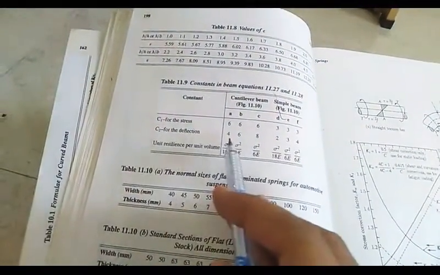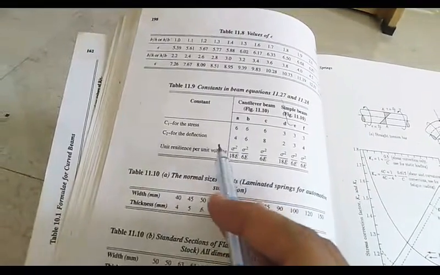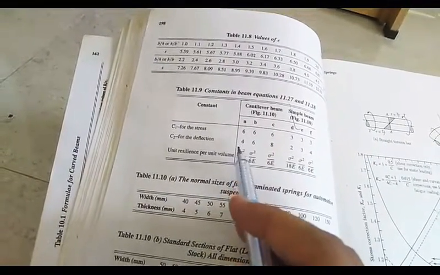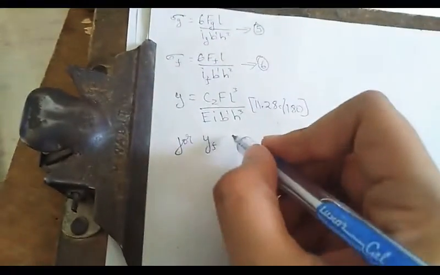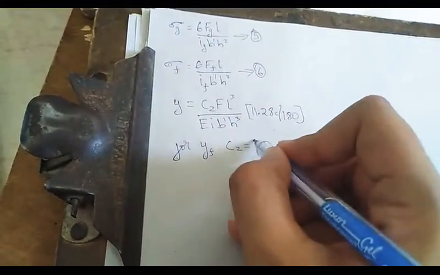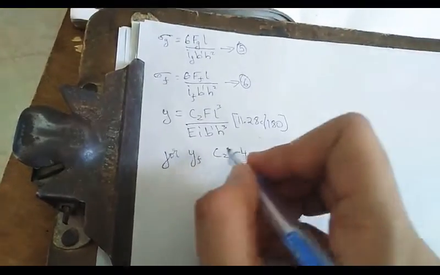That is why we need to take the value of C2 as 4, because the cross section will be rectangular. Hence we have to take the value of C2 as 4. For YF, the value of C2 is equal to 4.